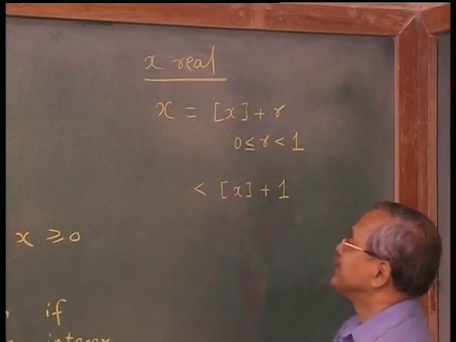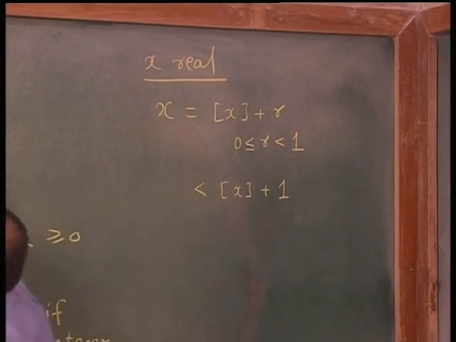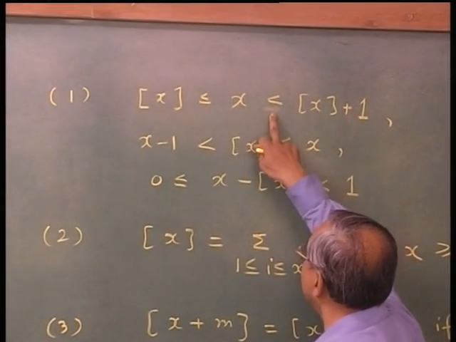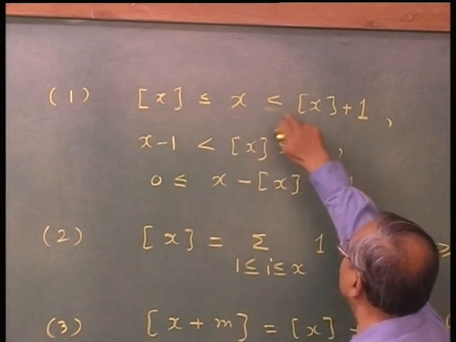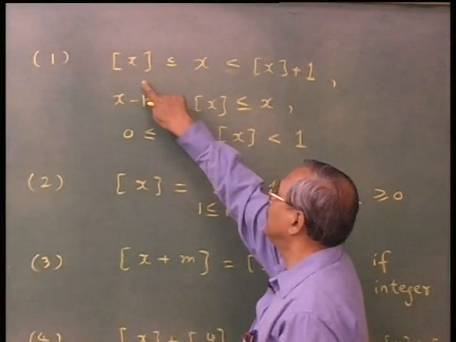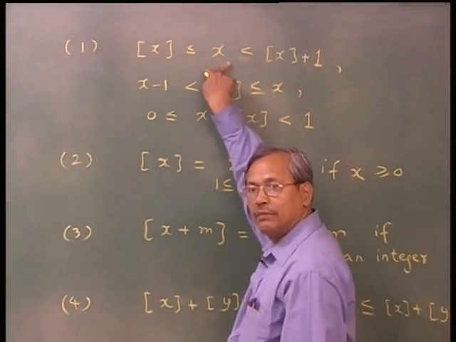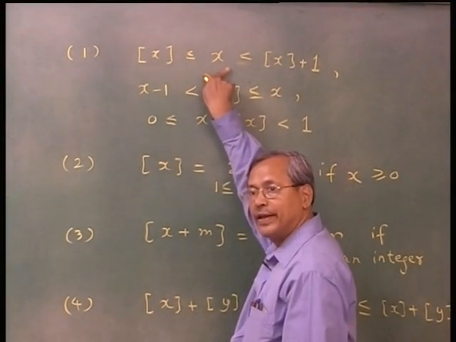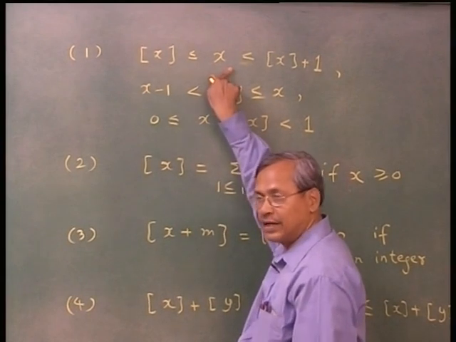So in fact here we have the inequality that x is strictly less than the integral part of x plus 1, and the integral part of x can be equal to x, especially when x itself is an integer.